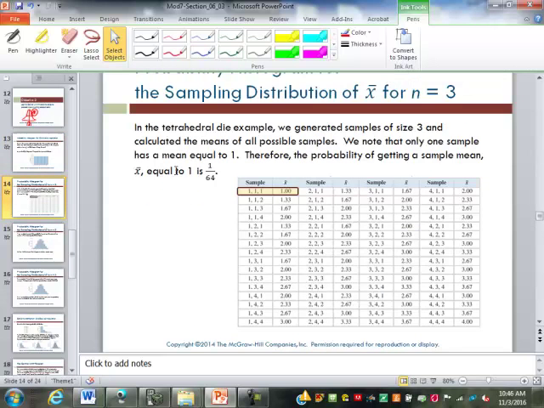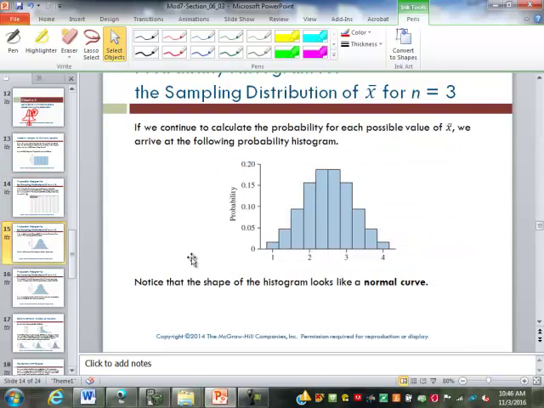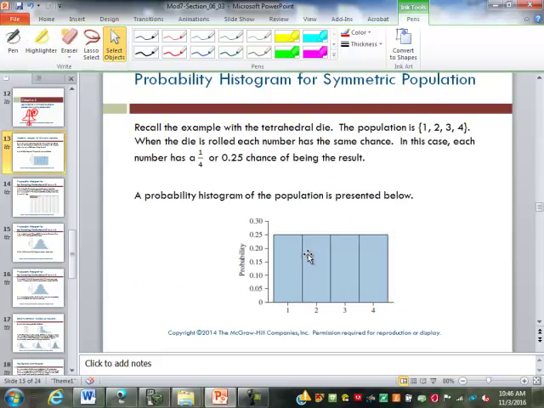But anyway, when we take our samples and find the means of those samples, if we plot them, we get a bell-shaped curve. So this is showing you that even though the population was not normally distributed, it was actually uniformly distributed, is the name we call that.